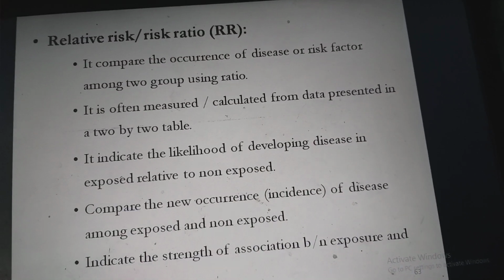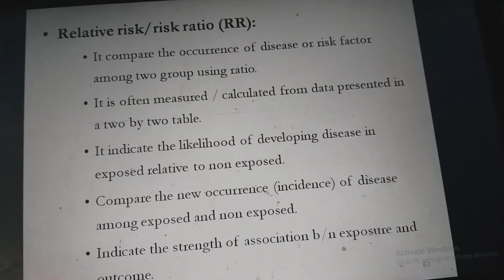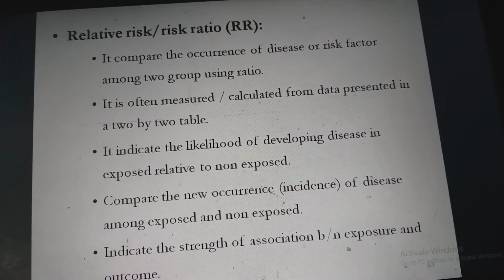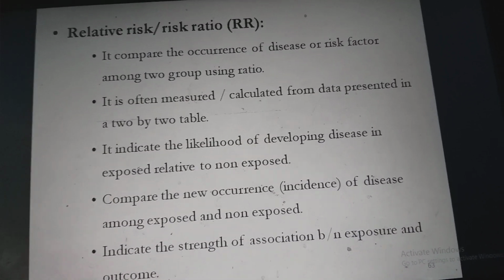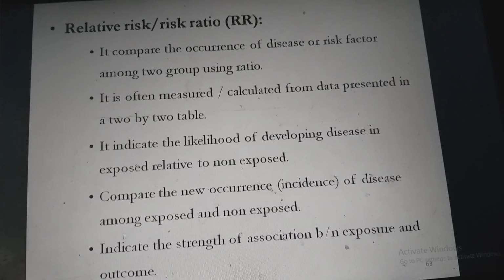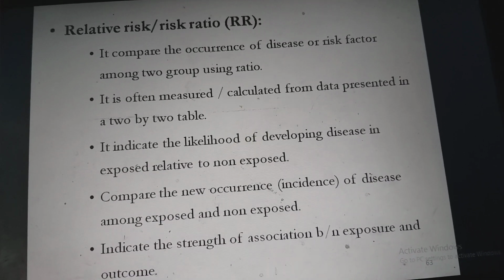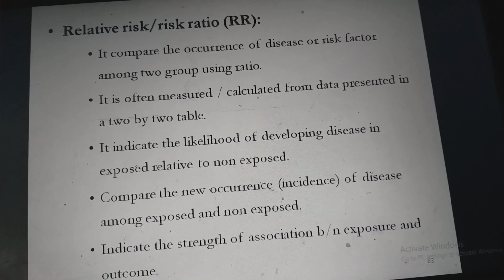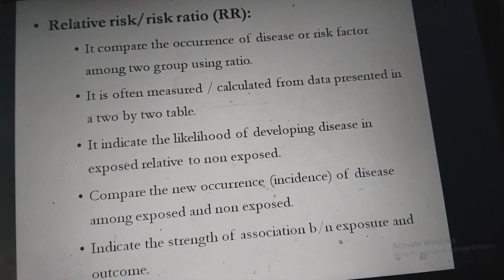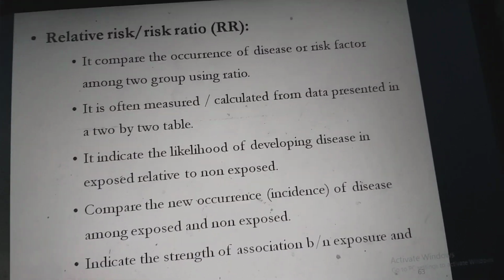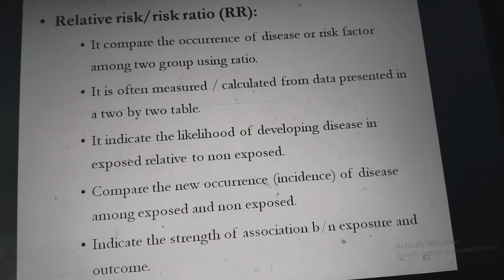So relative risk compares the occurrence of disease or risk factor among two groups using a ratio. It is often calculated from data presented in a 2 by 2 table. It indicates the likelihood of developing disease in the exposed relative to the non-exposed.